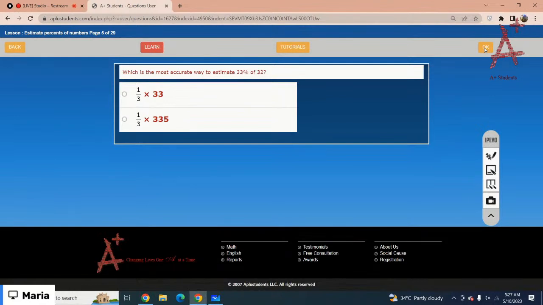Okay, the next one is, which is the most accurate way to estimate 33% of 32? So which is the correct option?